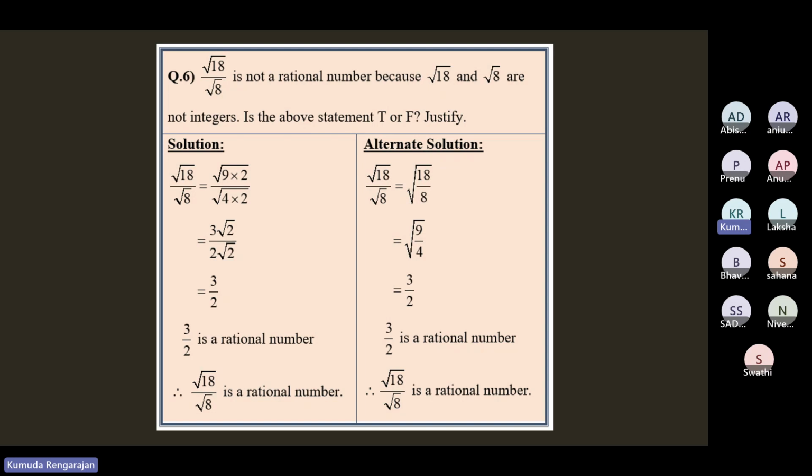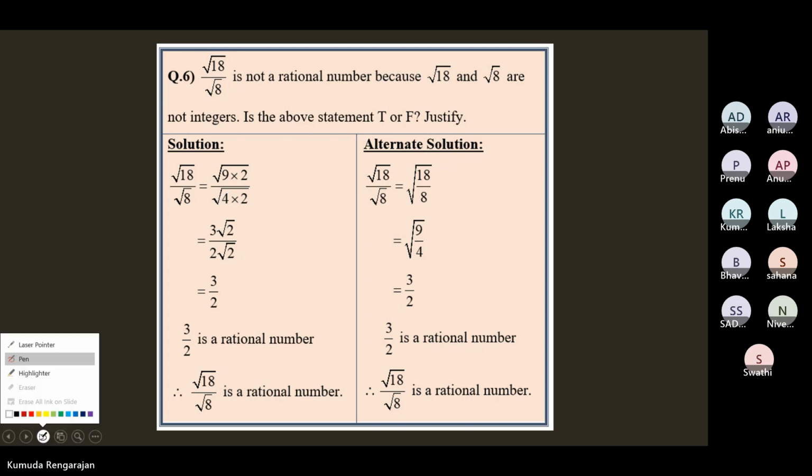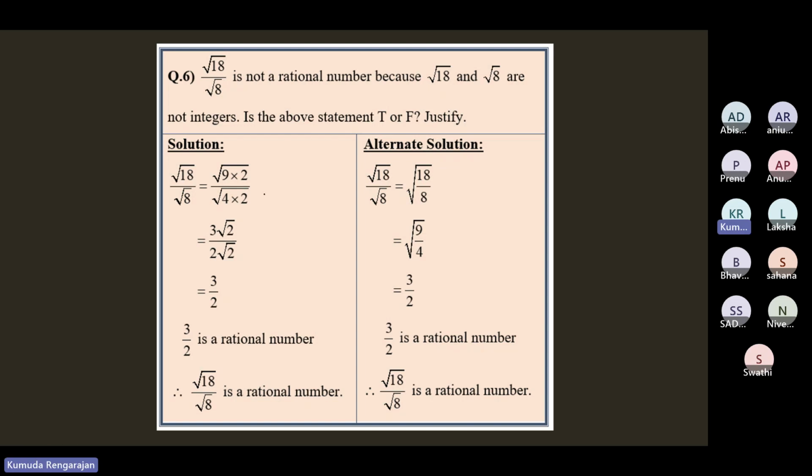See, like if I say root 16 by root 9. Root 16 is not an integer, root 9 is also not an integer. Therefore, it is not rational, I'm saying. So you will say, no, what is the square root of 16? 4.